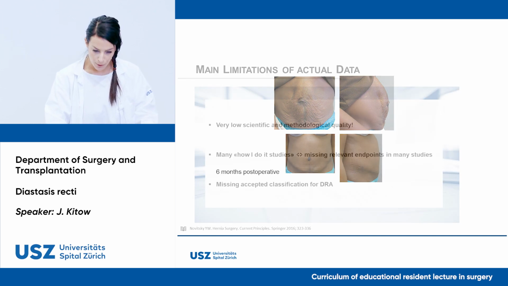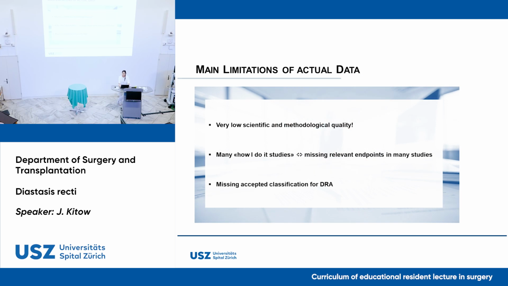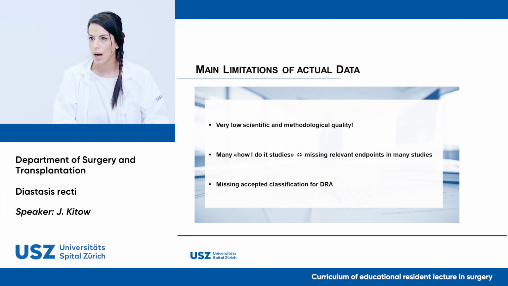So where are we at the moment? We have limitation of actual data with very low scientific and methodological quality. There are at the moment many "how I do it" studies with missing relevant endpoints, and there has been a missing accepted classification of diastasis rectus abdominis.